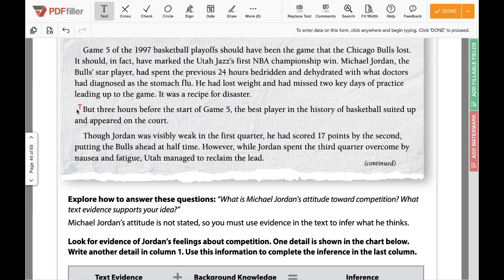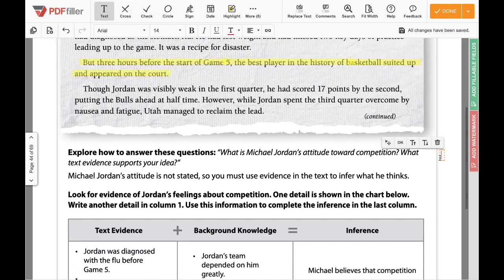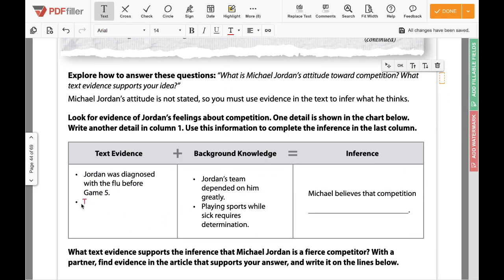Well, this second paragraph, it says, but 3 hours before the start of Game 5, the best player in the history of basketball suited up and appeared on the court. So what that tells us is that, which we're going to put down here, 3 hours before the game, Jordan got ready to play, right?